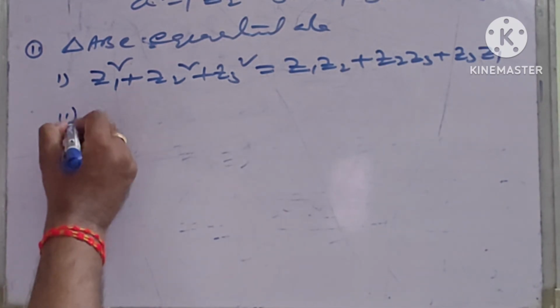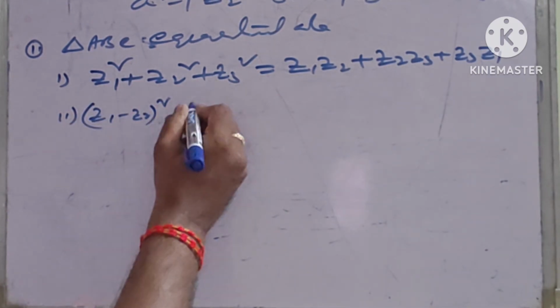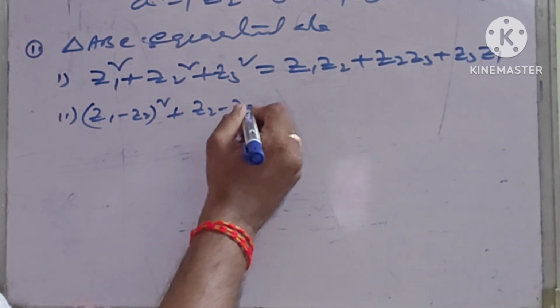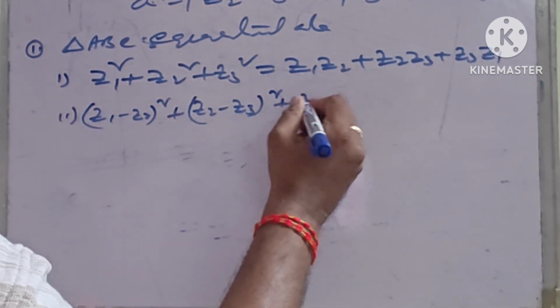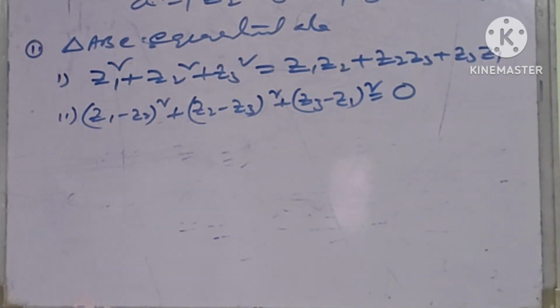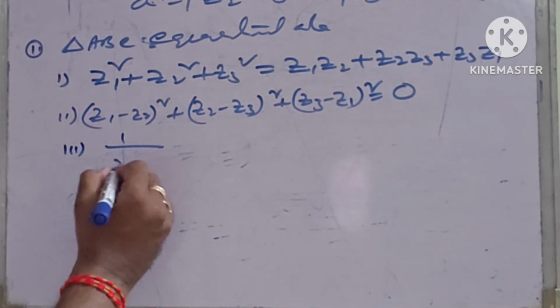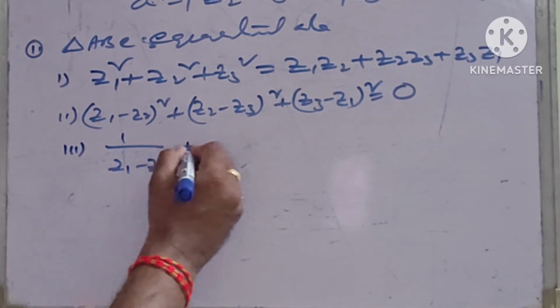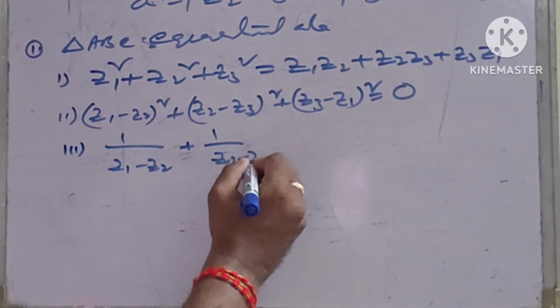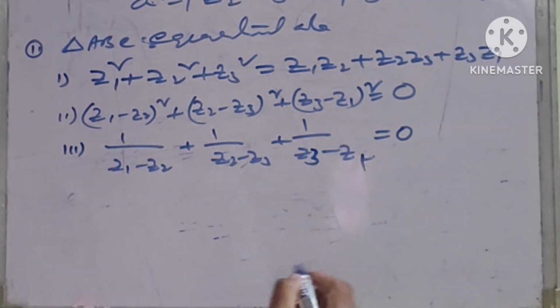Now the second condition: (z1 minus z2) whole square plus (z2 minus z3) whole square plus (z3 minus z1) whole square is equal to 0. Now the third condition: 1 by (z1 minus z2) plus 1 by (z2 minus z3) plus 1 by (z3 minus z1) is equal to 0.